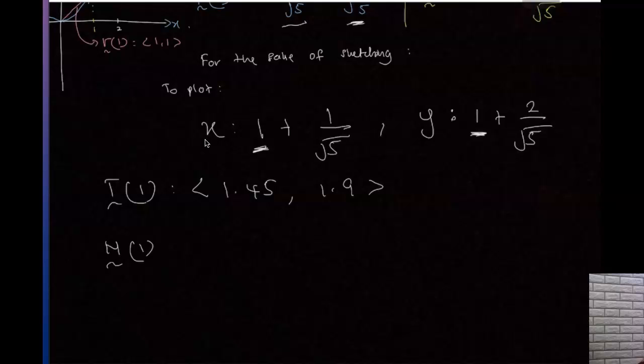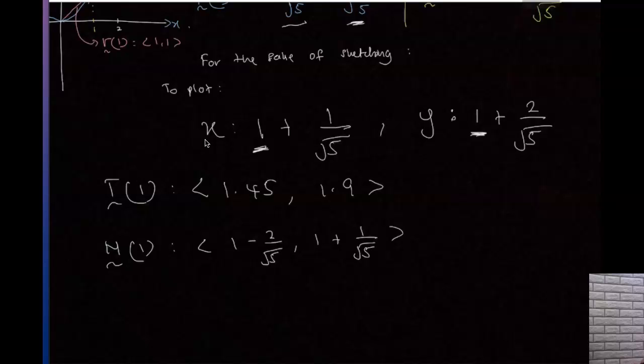Similarly for n, also the same. For the sake of sketching, you have to add 1 and 1. So here, for the x component, 1 plus, what is the value of n that we got just now? Minus 2 over square root 5 for the x component. For the y component, 1 plus 1 over square root 5.